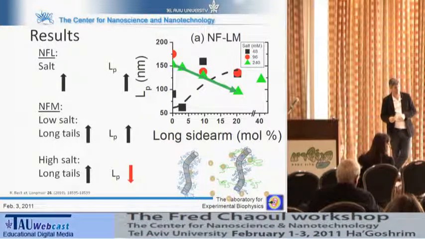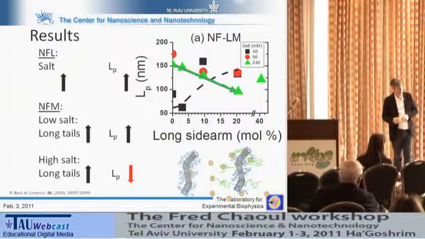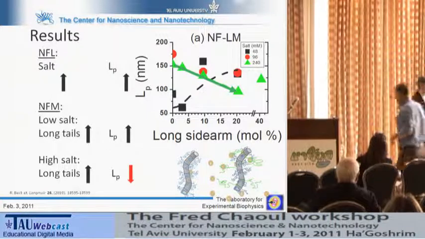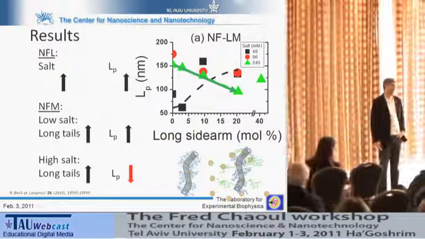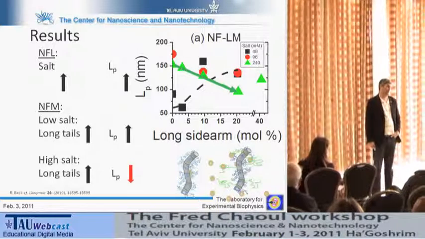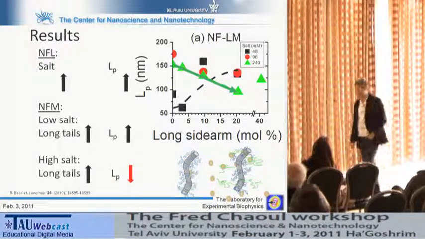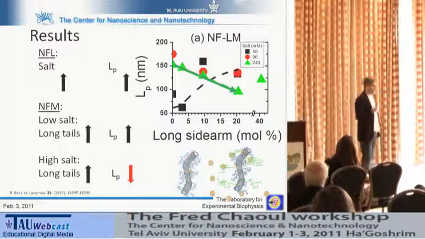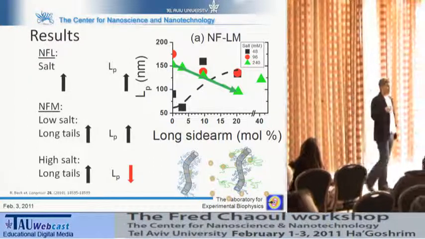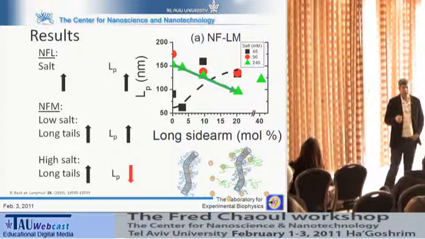In the AFM experiment, can you be sure that when you deposit it on a surface, the surface doesn't alter the persistence length somehow in comparison to the solution phase? It's an excellent question, and obviously it's something that you worry about a lot. I can give you two answers.